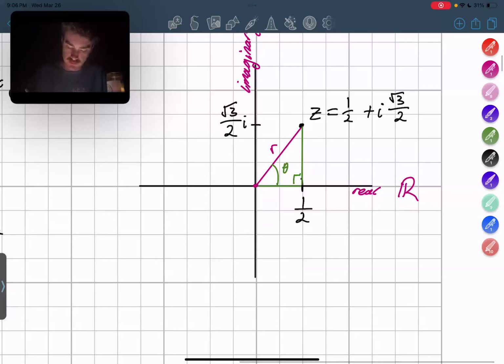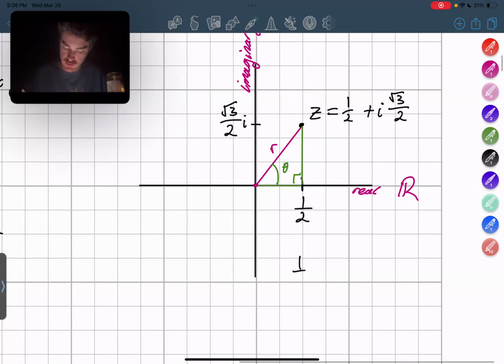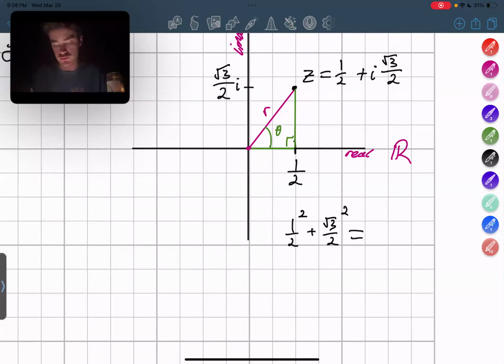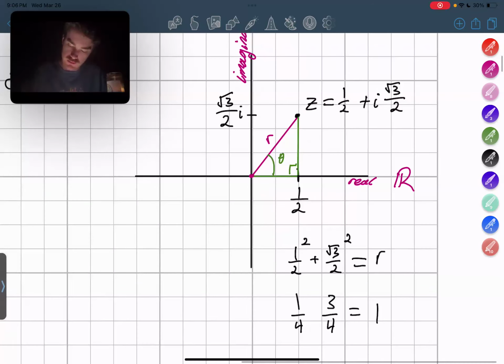Well, we know that this bottom length down here is going to be 1/2, and this top length over here is going to be √3/2. And if we do our old Pythagorean theorem, we get 1/2 squared plus √3/2 squared, which gives us 1/4 and 3/4, equals 1. And so now we know that our r over here is going to be 1.